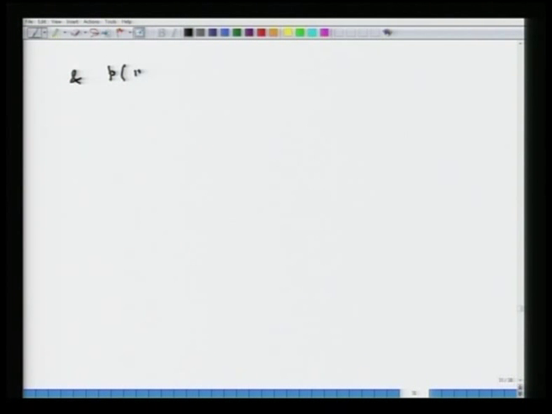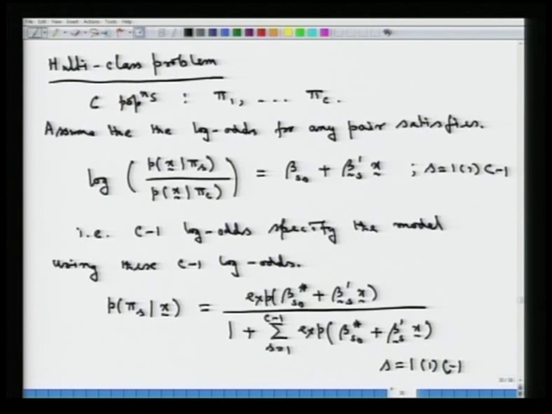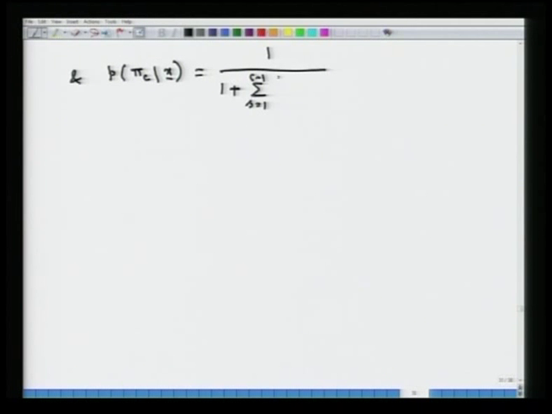And p of pi c given x is given by 1 upon the same denominator. So, this is 1 upon 1 plus the summation over s equal to 1 up to c minus 1 of e to the power of the same quantity as before, denoted by beta s naught star plus beta s prime x.